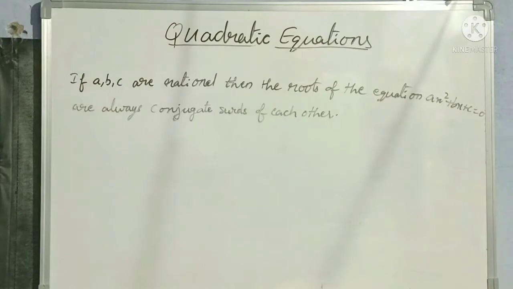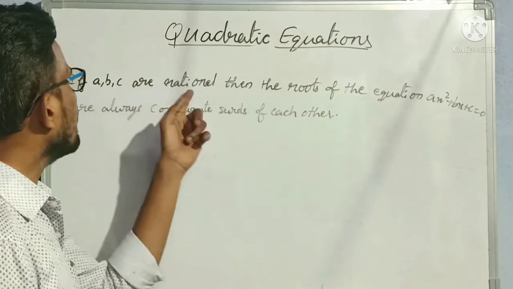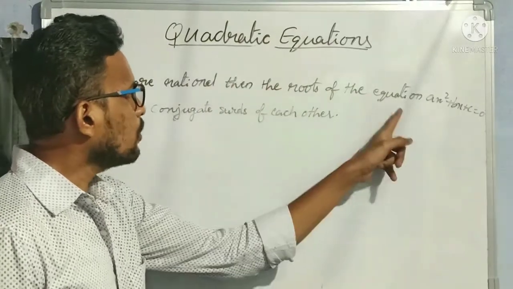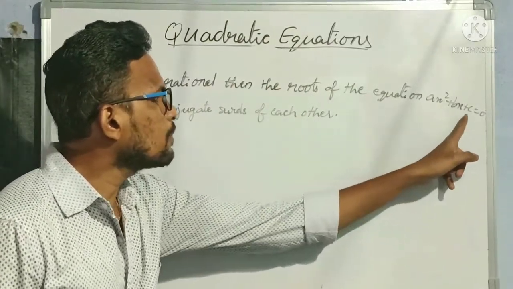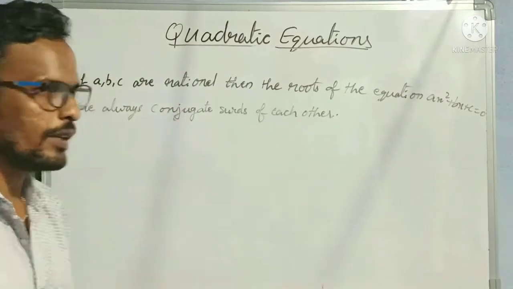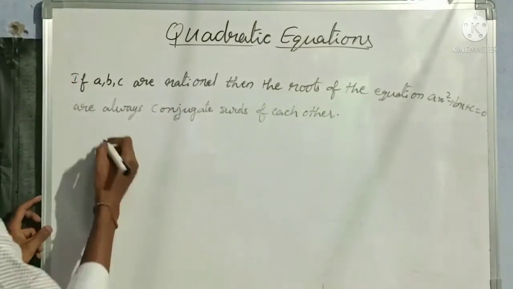So whenever we take a, b, c as rational numbers, then the roots of the equation ax square plus bx plus c is equal to 0 are always conjugate surds of each other. Let us understand this with an example.